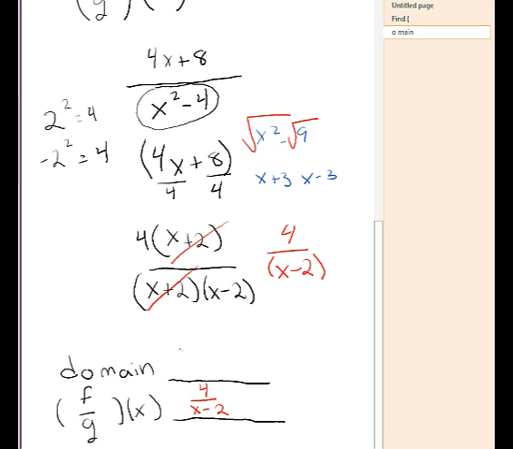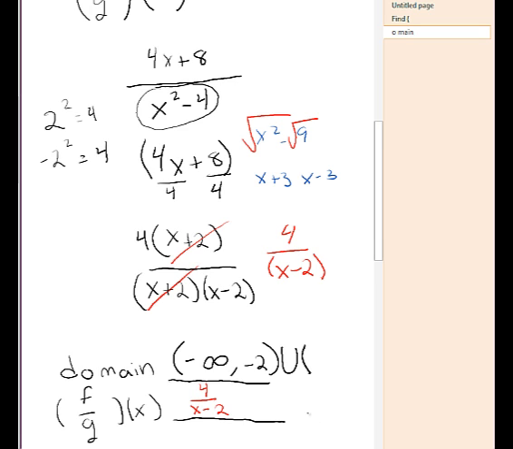Well, we're going to write it like this. Open parentheses, negative infinity, comma, negative 2, and I'm going to put a little u.